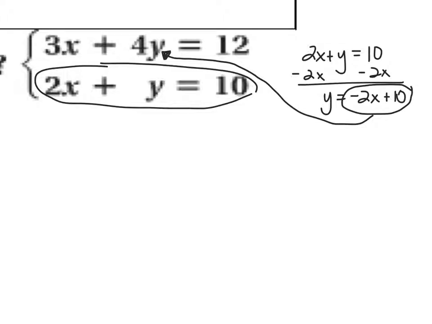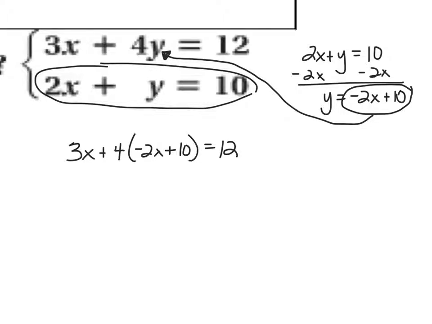So I go with that top equation, 3x plus 4, and instead of a y now, I put in parentheses a negative 2x plus 10, and that's going to equal 12. Notice that this equation is the exact same equation as the top, except instead of a y, I have a negative 2x plus 10. I substituted the negative 2x plus 10 in. That's why they call this solving by substitution.